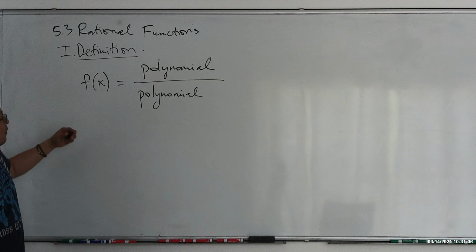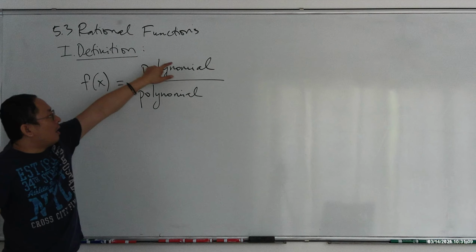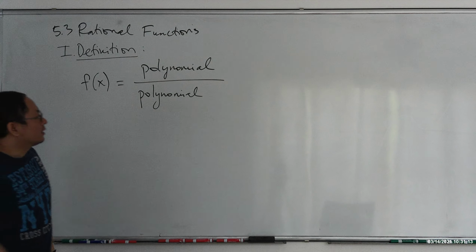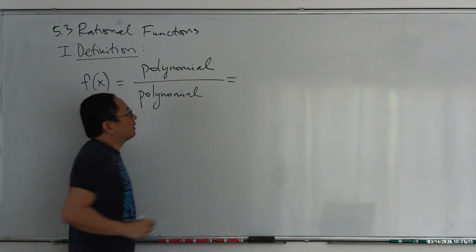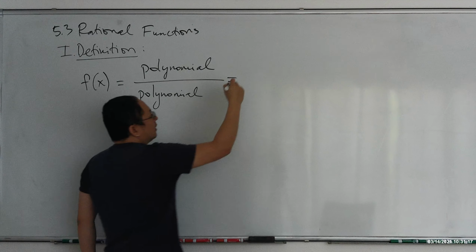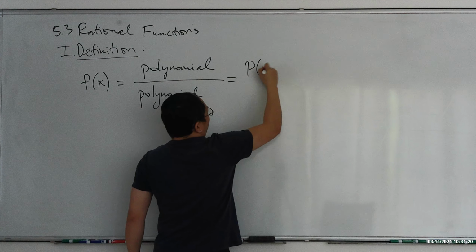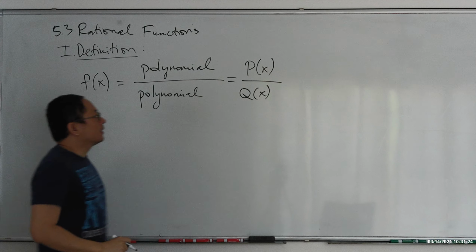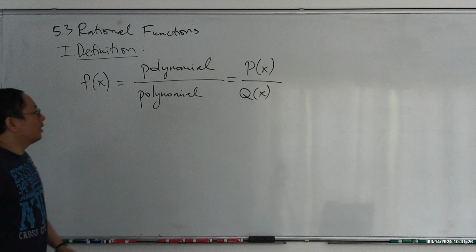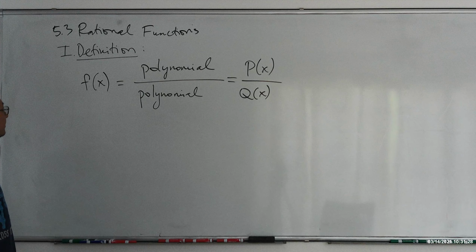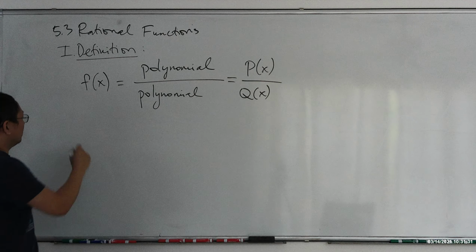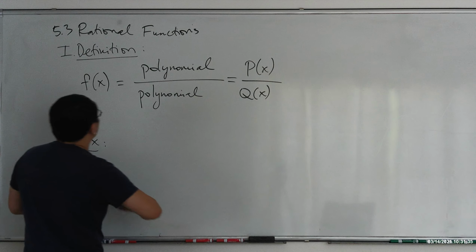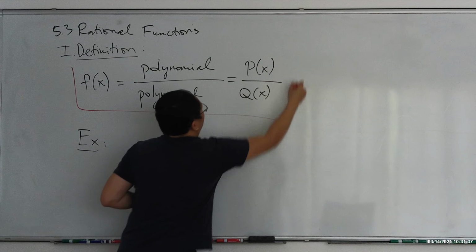So a rational function is a function of the form polynomial over polynomial, rational, okay, ratio. For our convenience in this clip today, I'm going to call the numerator polynomial p of x and the denominator q of x, where p of x and q of x are polynomials. All right. Let me box this first, make it stand out, and then I'll give you an example.